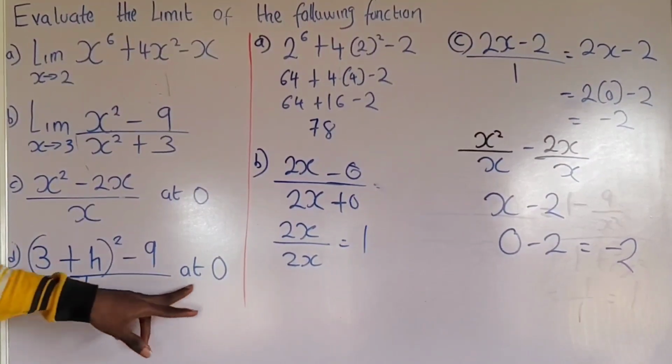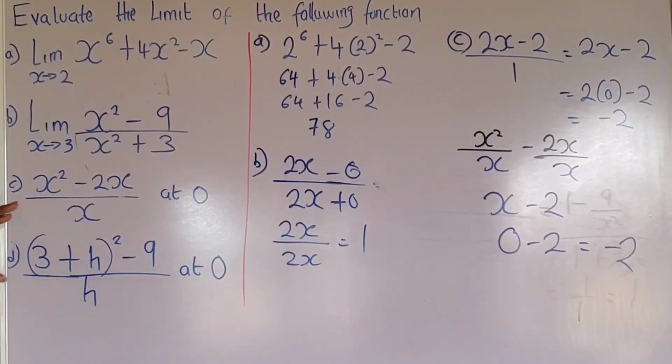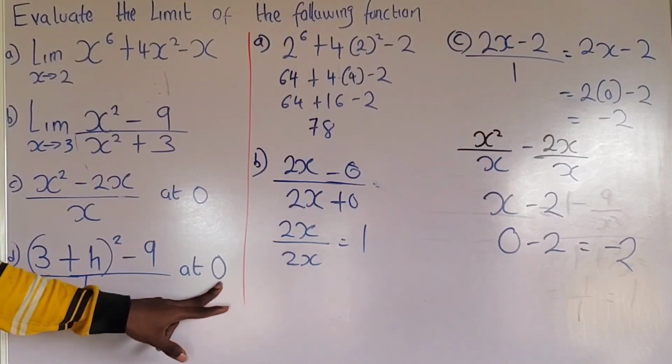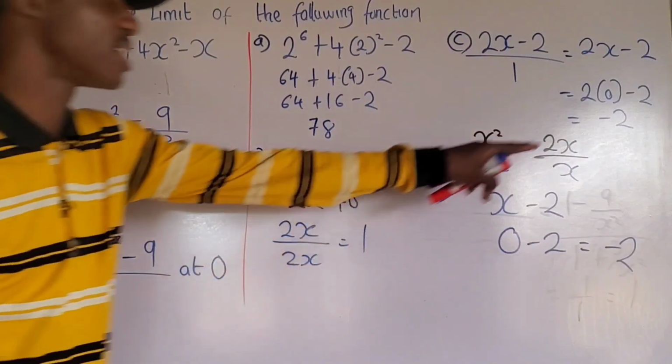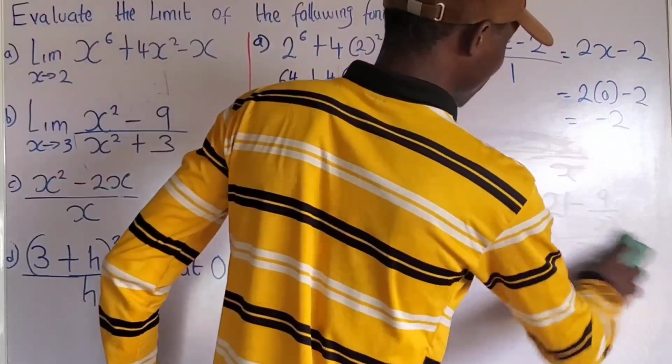I'm very sure you are aware that if you substitute the value of h as 0, you're going to have negative 9 all over 0. You understand? So I'm very sure you are aware that that method cannot work. You're not going to have a significant answer. So for this kind of question, you can use L'Hospital rule and you can use the manipulating method that I taught you. So the third question is negative 2. That's the answer to the third question.